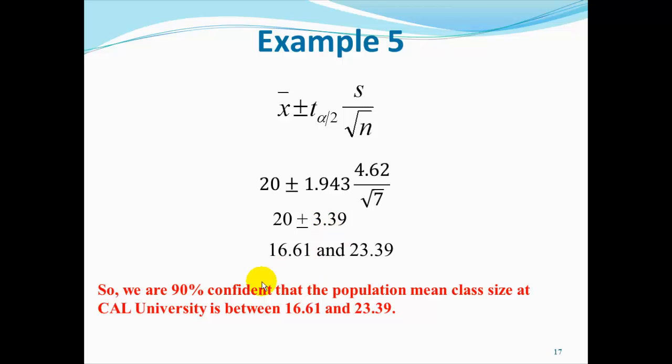This gives us an interval from 16.61 until 23.39. So we can state that we are 90% confident that the true population mean class size at Cal University is between 16.61 and 23.39. So according to our analysis, their published report of having a class size of 16 is not accurate.